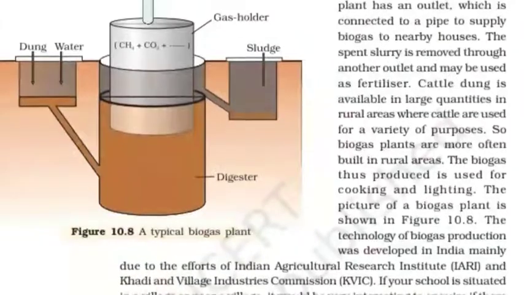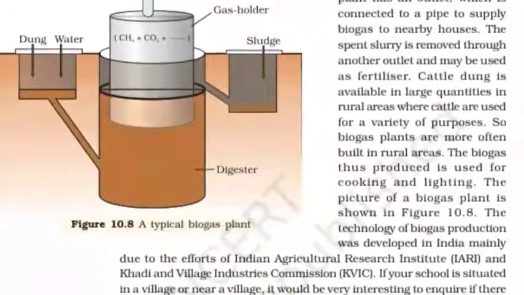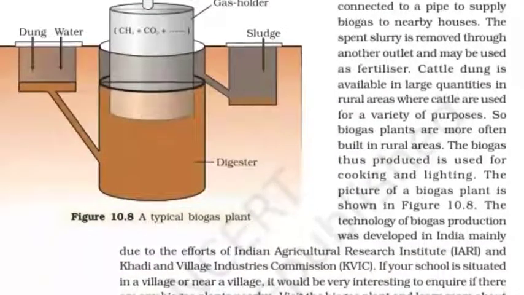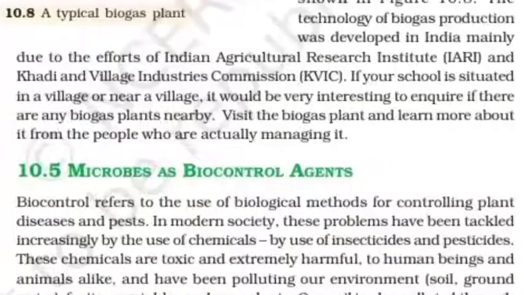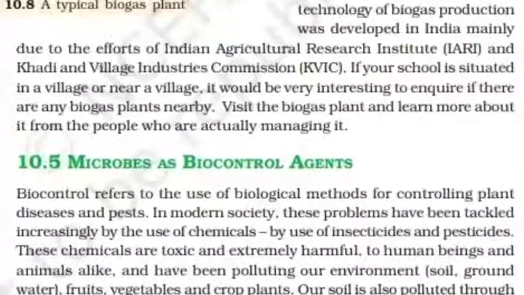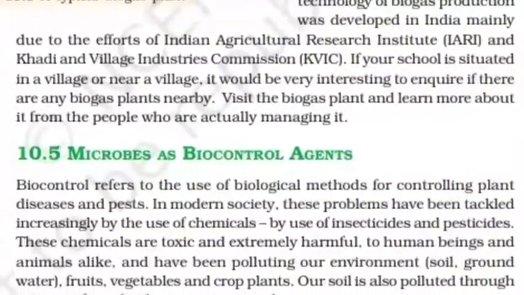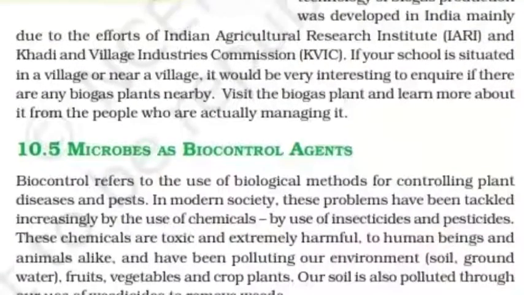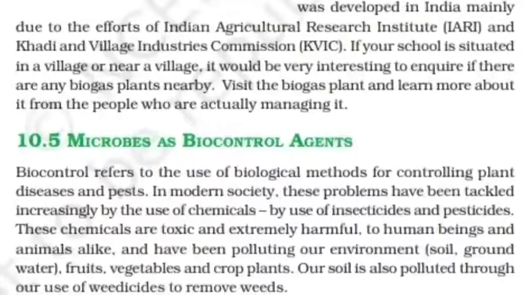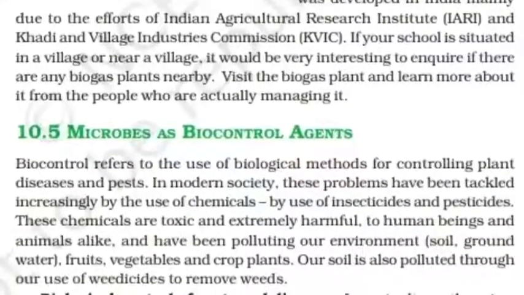The technology of biogas production was developed in India mainly due to the efforts of the Indian Agricultural Research Institute (IARI) and the Khadi and Village Industries Commission (KVIC). If your school is situated in a village or near a village, it would be very interesting to inquire if there are any biogas plants nearby. Visit the biogas plant and learn more about it from the people who are actually managing it.